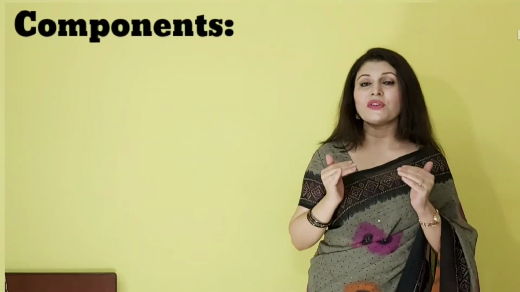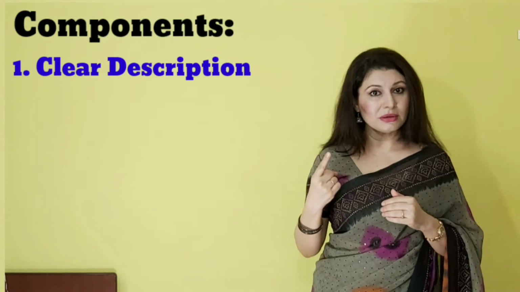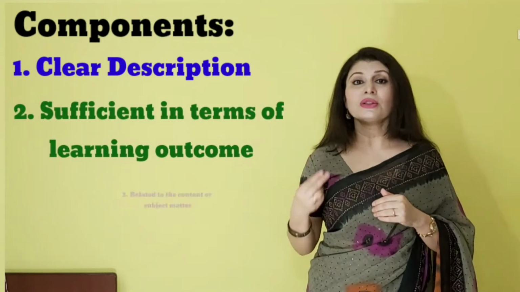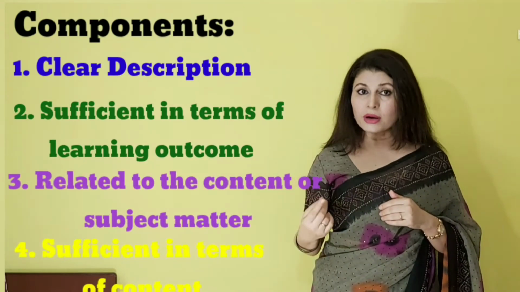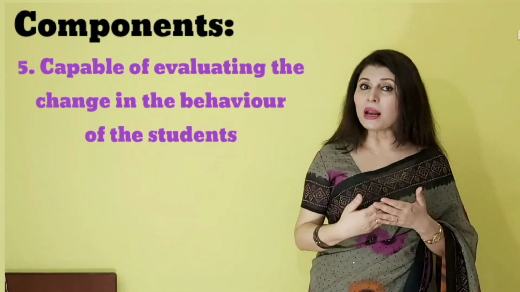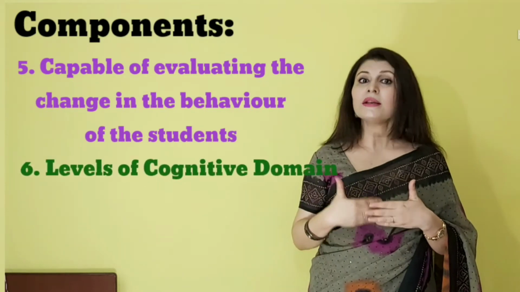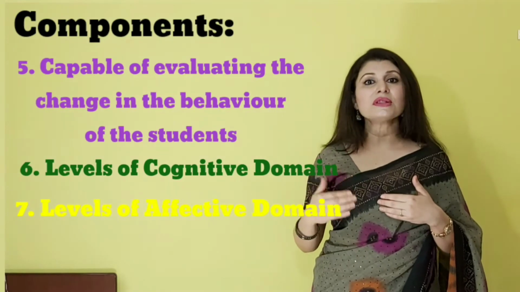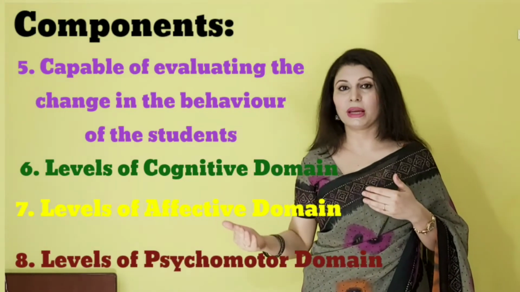The components of instructional objectives are: number 1, clear description; number 2, sufficient in terms of learning outcome; 3, related to the content or subject matter; 4, sufficient in terms of content; 5, capable of evaluating the change in the behavior of the students; 6, levels of cognitive domain; 7, levels of affective domain; and 8, levels of psychomotor domain.